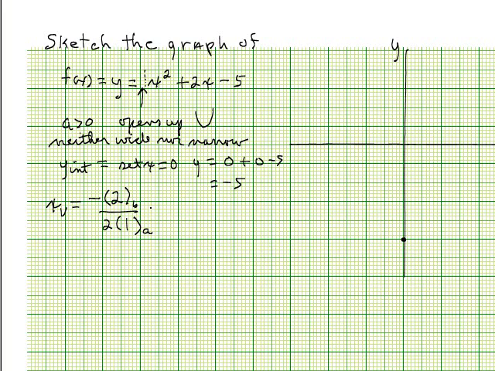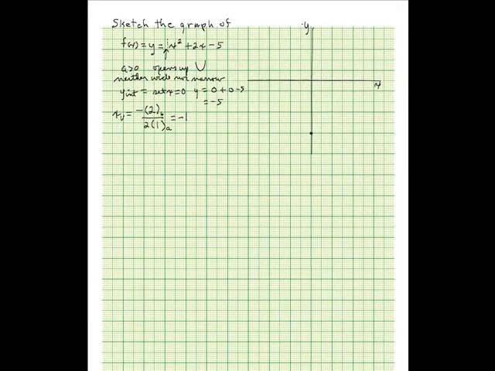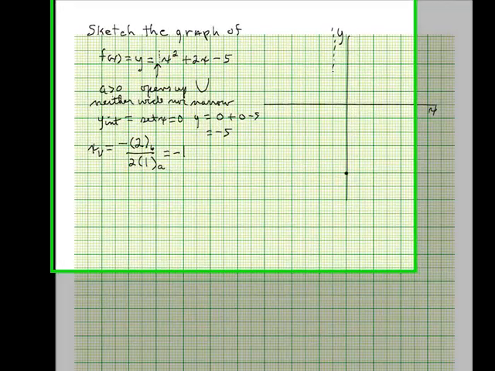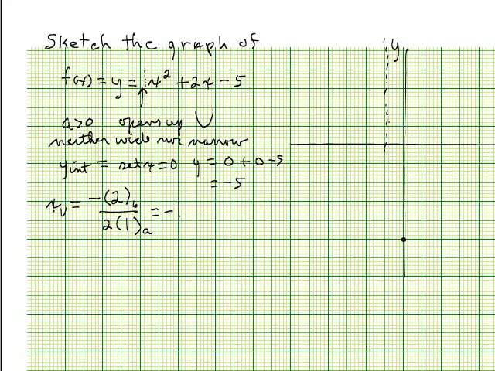So I get negative 2 over 2 times 1, which is negative 2 over 2, is -1. Now, that means that the line x equals -1 is going to be the symmetry line for my parabola. So I've drawn it in here. That's the line x equals -1.